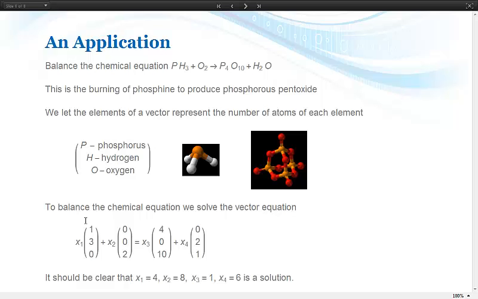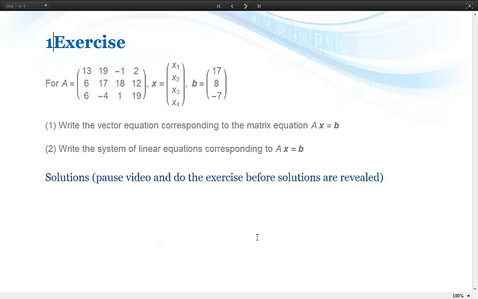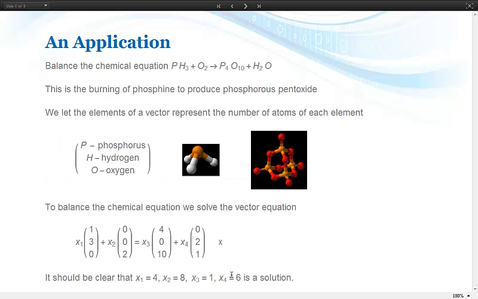So this is a vector equation. We could also write it in the following way as x1 times the first vector u1 plus x2 times the second vector u2.